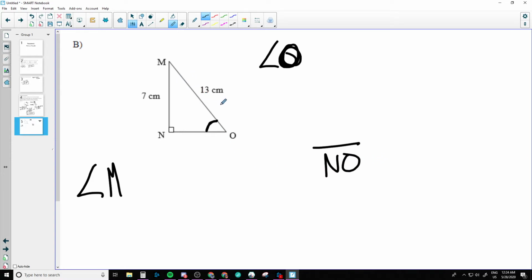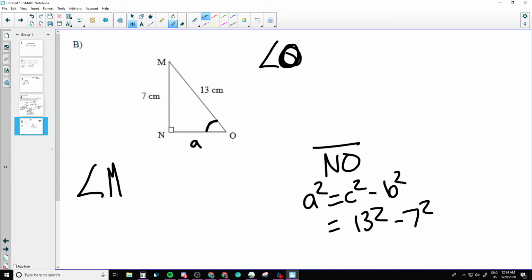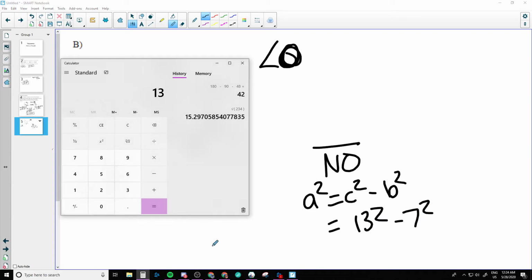So to start with, I'm going to use the Pythagorean theorem to solve for side NO. Side NO in this case is going to be side a in our formula. So a squared equals c squared minus b squared. So it's going to equal 13 squared minus 7 squared, which is 49.